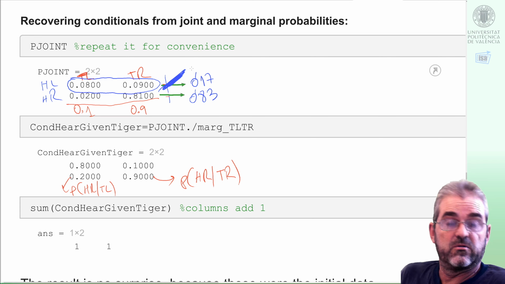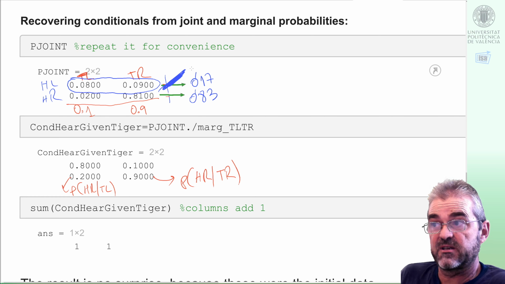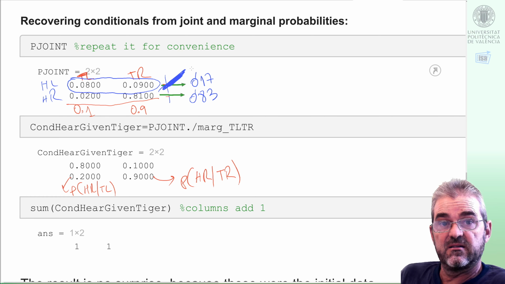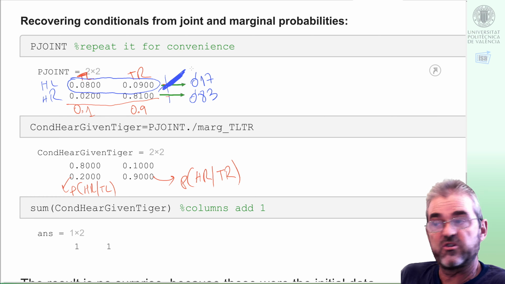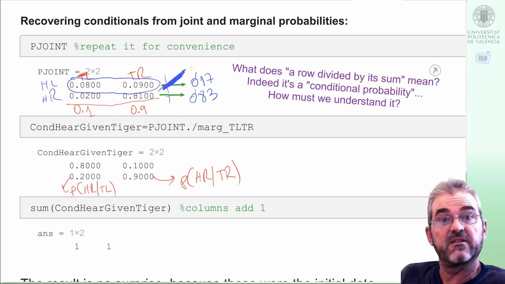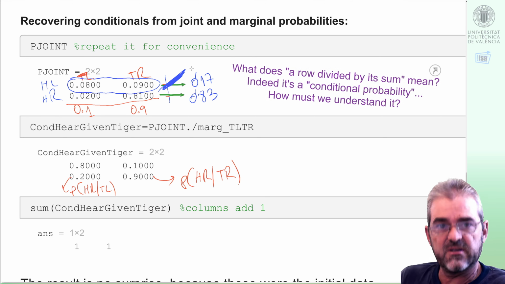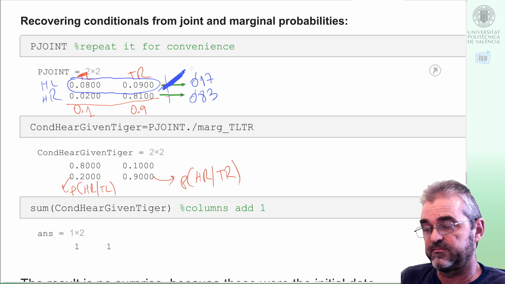Sorting which is 1 or 2, or whether we put tiger in columns and hearing in rows or vice versa is just arbitrary, so there is no mathematical problem in saying, of course, we can do that, and it will have the exact same meaning we had with the conditional of hearing given tiger. But the first one was reverting our steps of the first video, so what's this second one? Well, let's compute it and speak about it for a while to better understand its meaning.